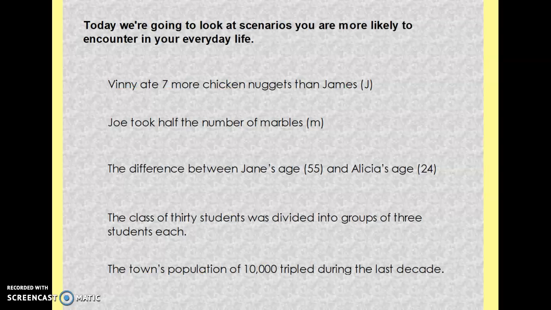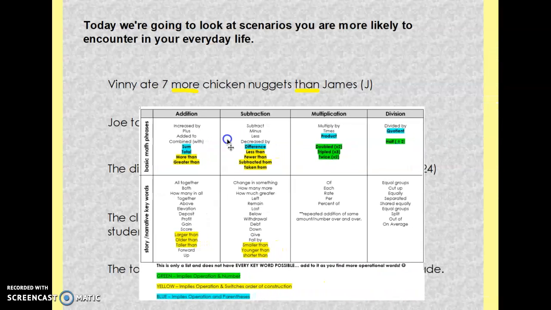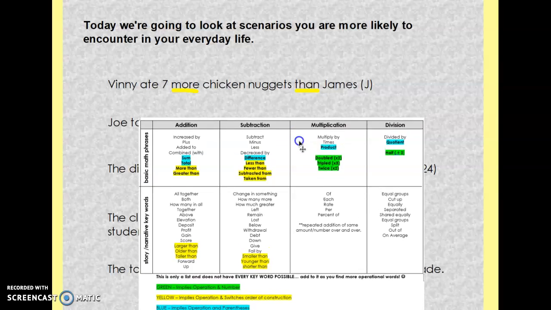All right, so looking at the first example here, we have Vinny ate 7 more chicken nuggets than James. Looking through, you should see the keywords more and than. They're a little bit separated here, but more than would be my keywords. If you're familiar with it, great. If not, use your chart. More than would be found right over here.